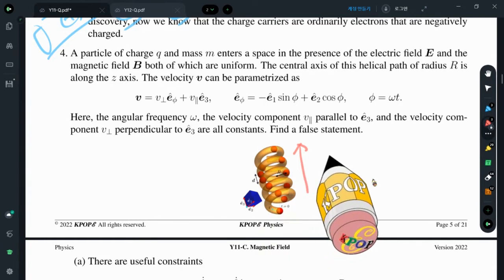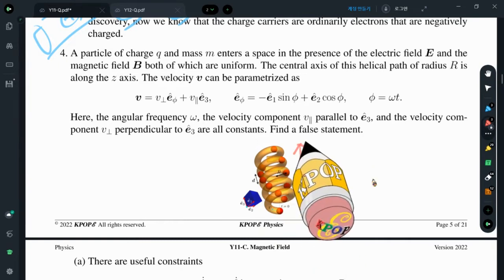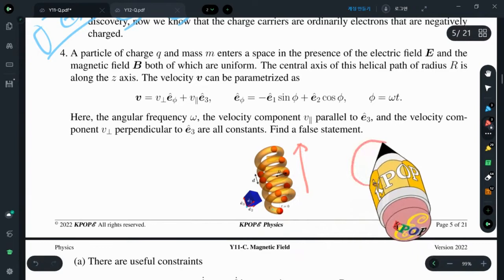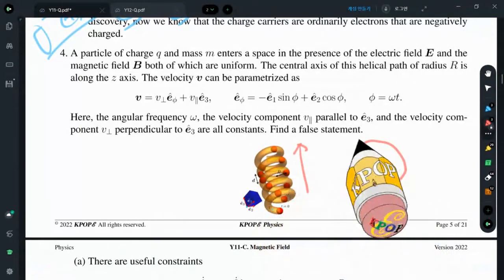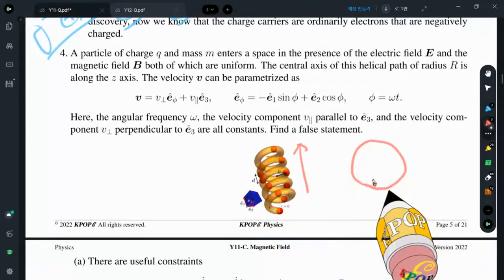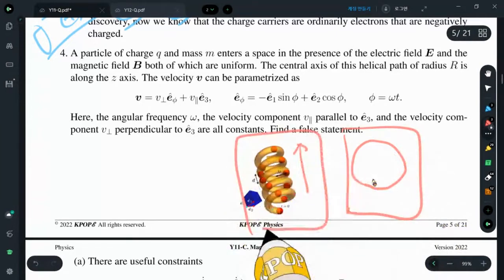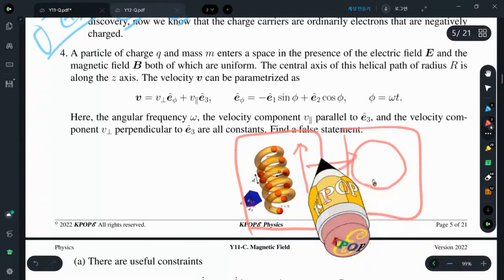But we can always make a Galilean transformation to catch it up. In that case, there is a frame in which this charged particle makes a uniform circular motion. The shape of this path and the shape of this path look different, but they are correlated.